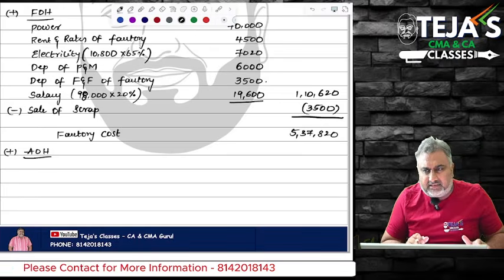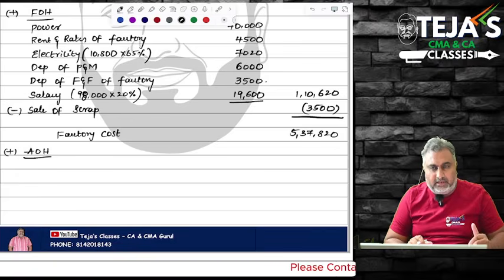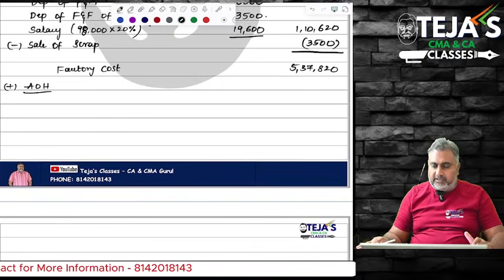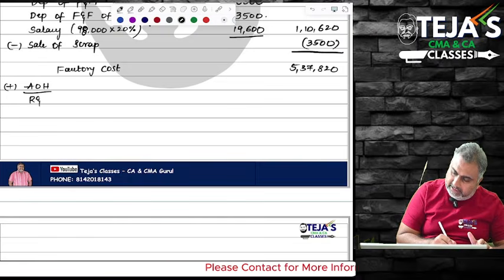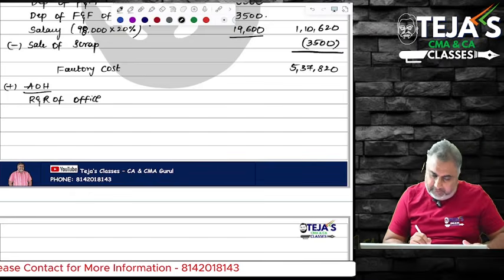But under this, they didn't provide administrative overheads directly to us. We have them under different categories. First, starting with rates and rent and rates of office, 5,000.